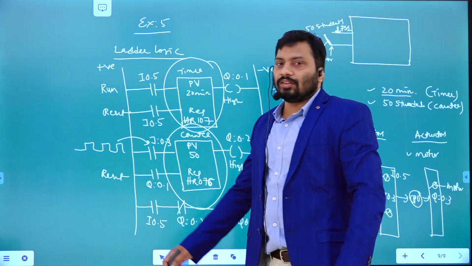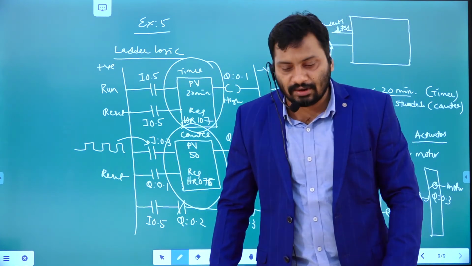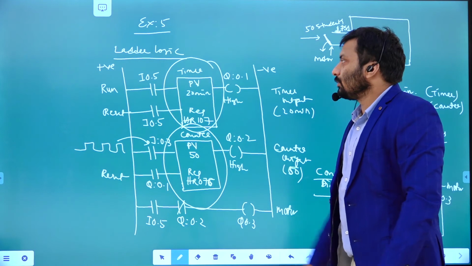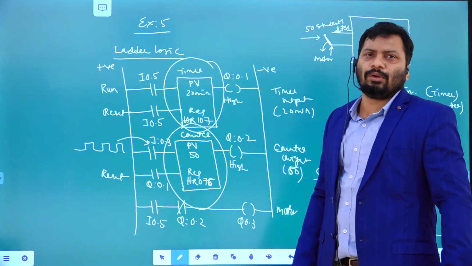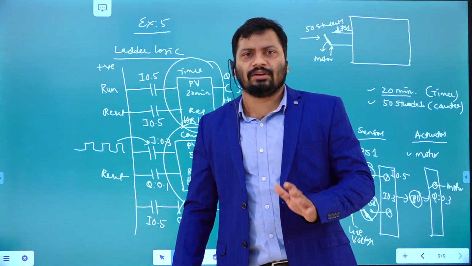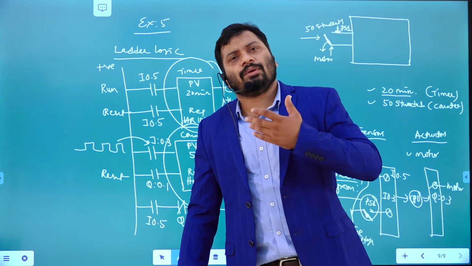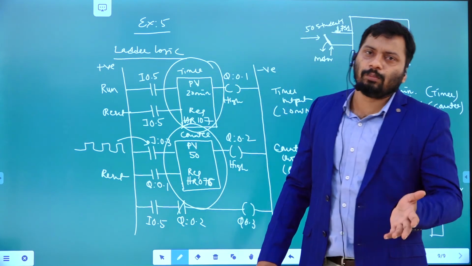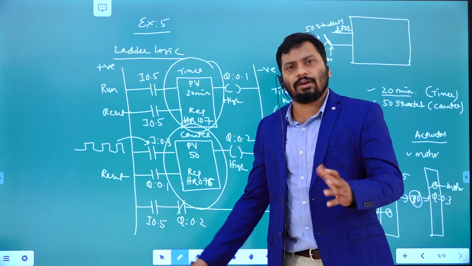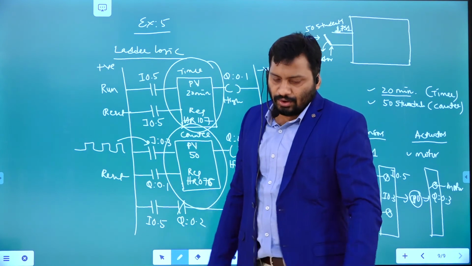This is another example which uses both counter and timer. Any process you consider that uses both counting and timing, along with contacts and coils, you can write a program for it.